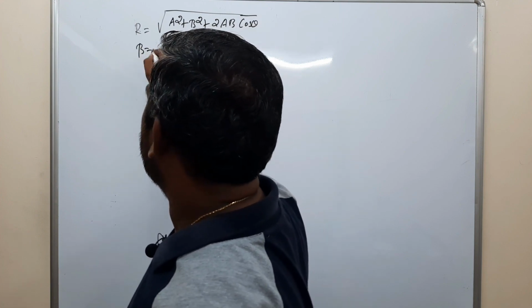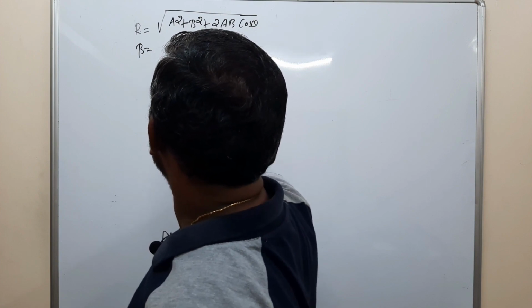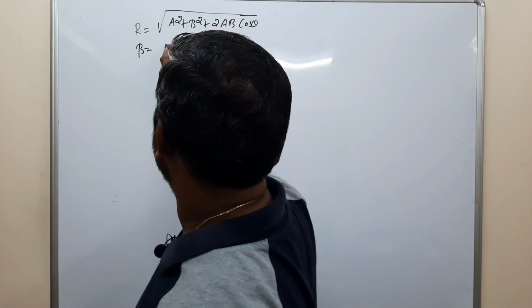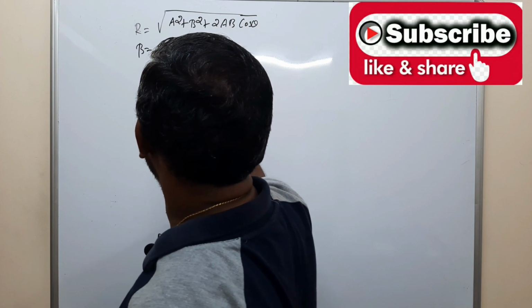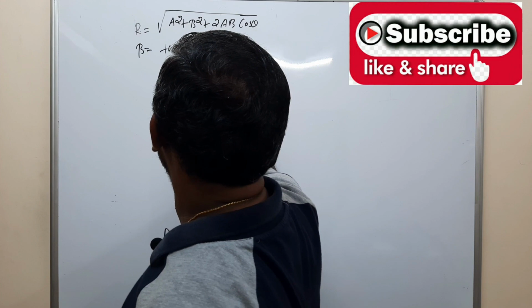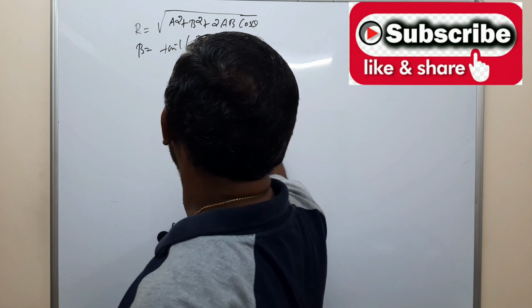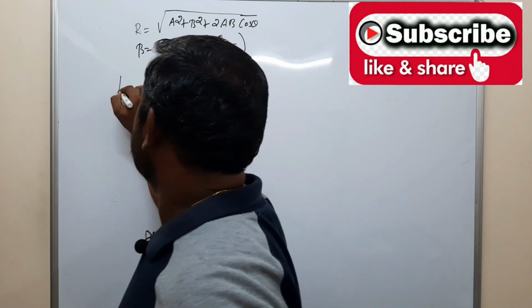Then the direction of the resultant is beta equal to tan inverse of b sin theta divided by a plus b cos theta. Am I right?